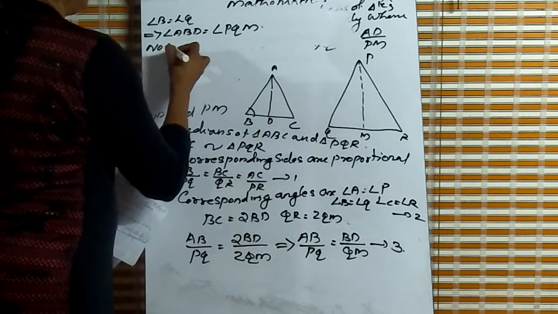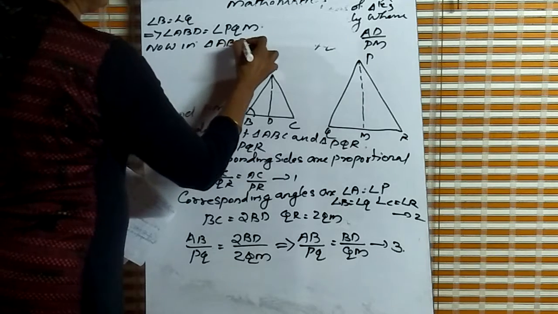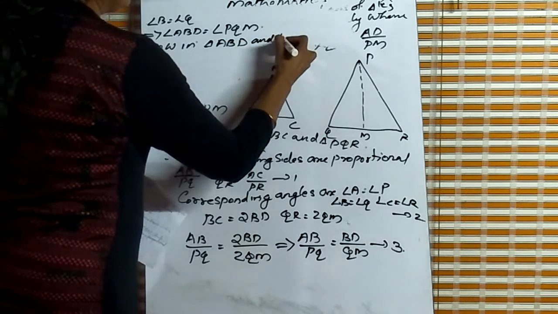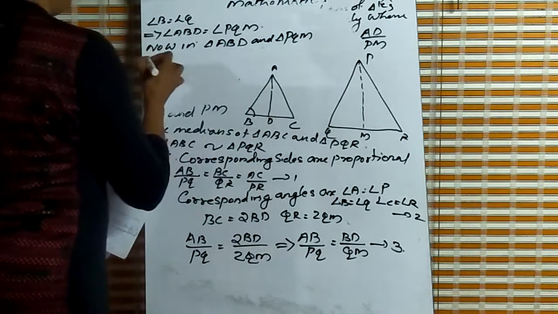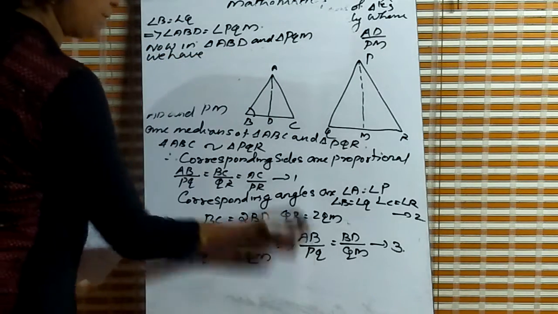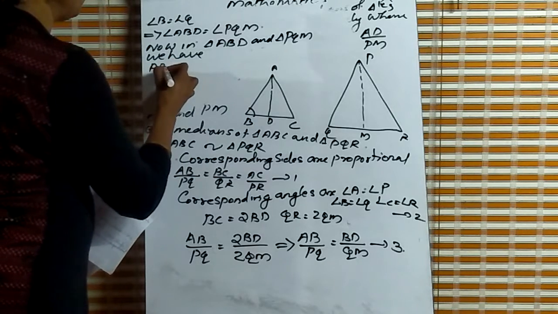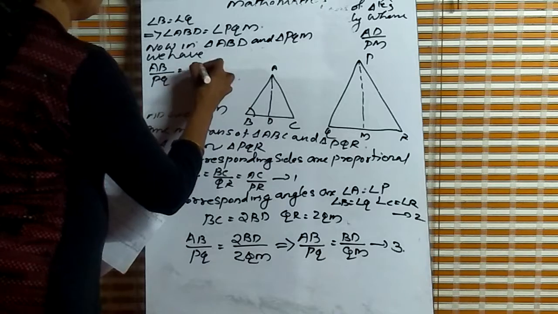Now, in triangle ABD and triangle PQM, we have first one AB by PQ is equal to BD by QM.